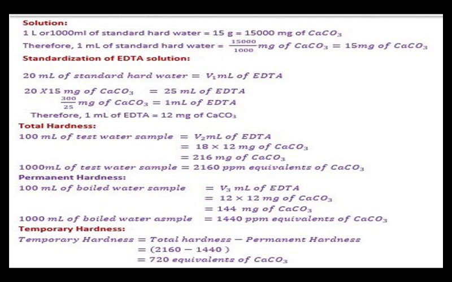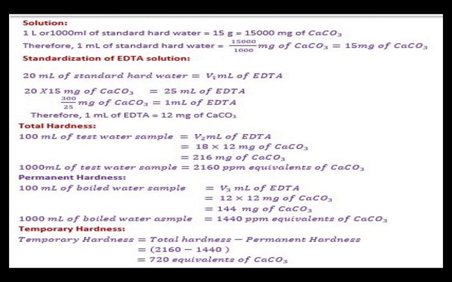Now, total hardness. We have taken 100 ml of the test water sample for which 18 ml of EDTA was consumed. Therefore, 18 into 12. Why have we taken 12 milligrams of calcium carbonate here? Because in the previous step we have come to know that 1 ml of EDTA is equal to 12 milligrams of calcium carbonate.